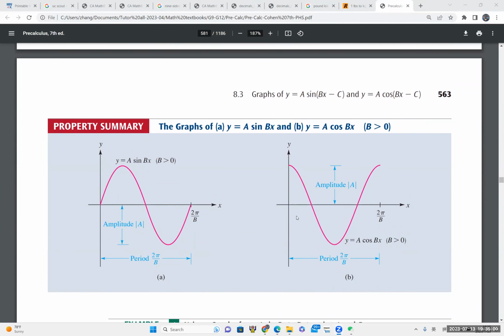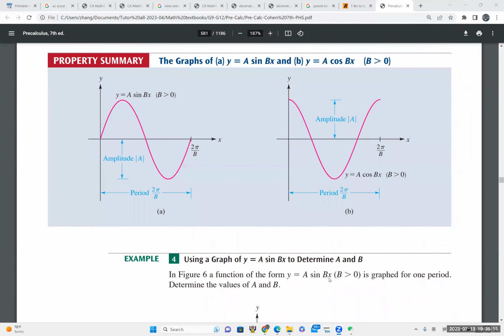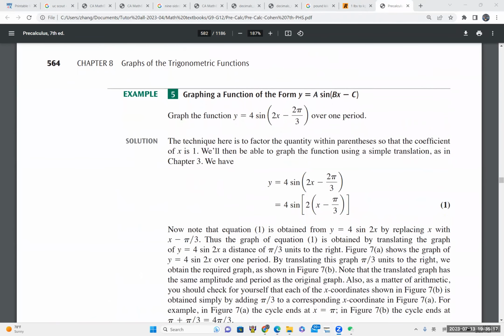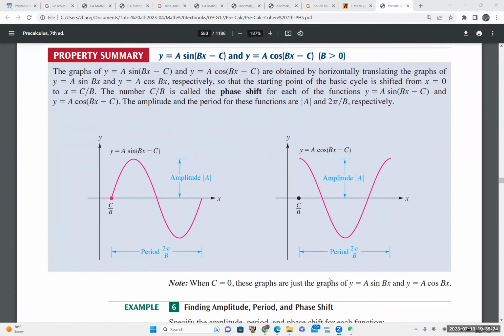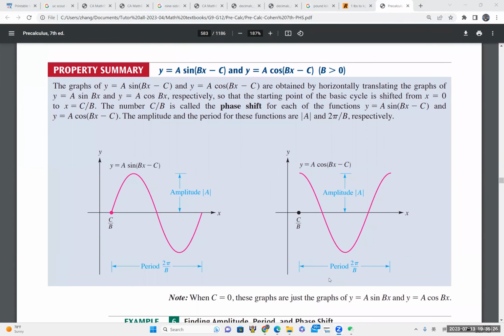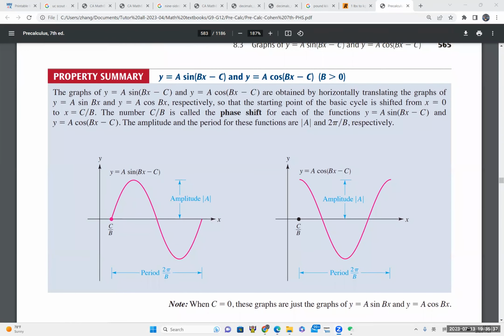Okay, here shows the core concept, right? Property. Anyway, just think about the transform. Here is an important concept of phase shift.